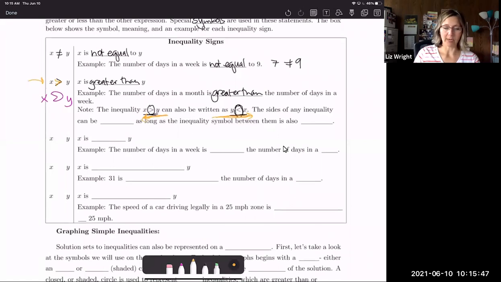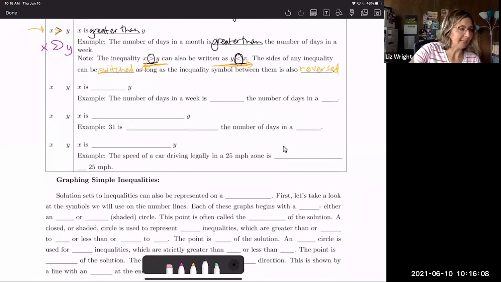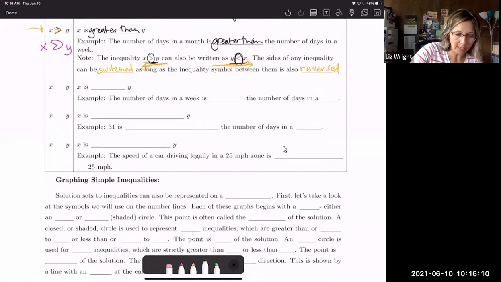And that's what we're getting ready to write in here. The sides of any inequality can be switched as long as the inequality symbol between them is also reversed. All right, so our next one we're going to talk about is x is less than y.